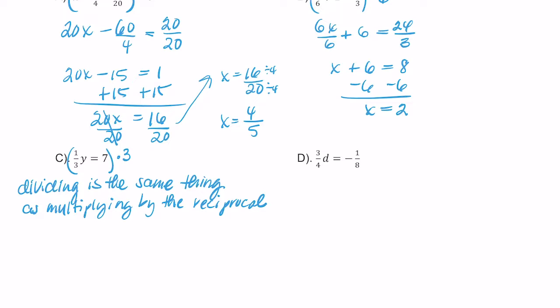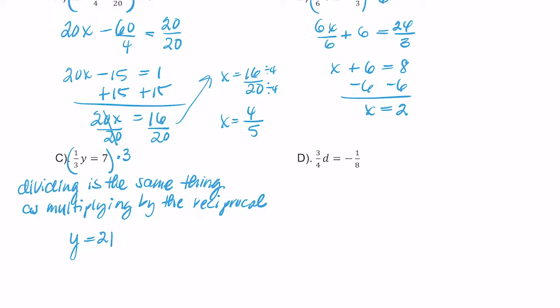When I multiply 3 times 1/3, 3 times 1 is 3, divided by 3 is 1. So you get 1y, and 3 times 7 is 21. If you think about it, 1/3 of 21 is 7. If you had $21 and you wanted to divide it up into thirds, or 3 equal parts, 21 divided by 3 is 7.